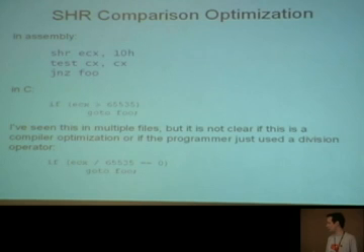I don't know why the compiler didn't just compare ECX with 64K. Maybe the shift and the test instruction take advantage of some processor parallelism, so it works faster. Or maybe the programmer just wrote the code as if the register divided by 64K is 0, then go to that place. But I've seen this in a couple of different files that were unrelated, so I'm guessing that this is a compiler optimization rather than the programmer just writing code like that.